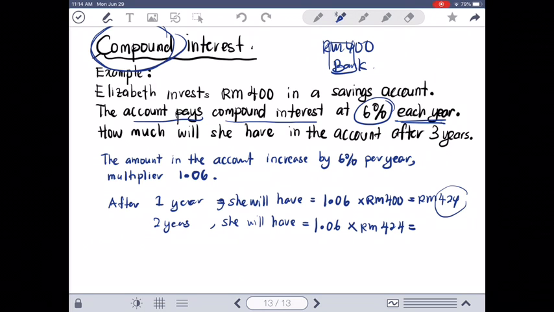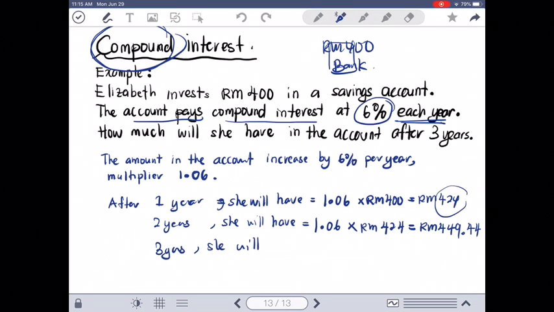Do not take it from the initial balance, you take it from the latest balance. In this case, the latest balance is 424. So again, times 1.06. This equals RM449.44.